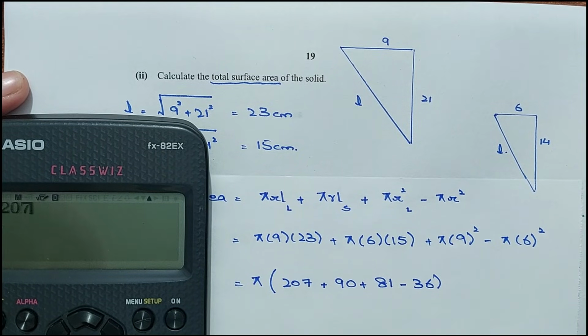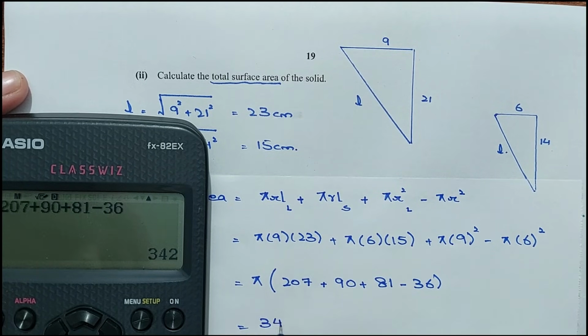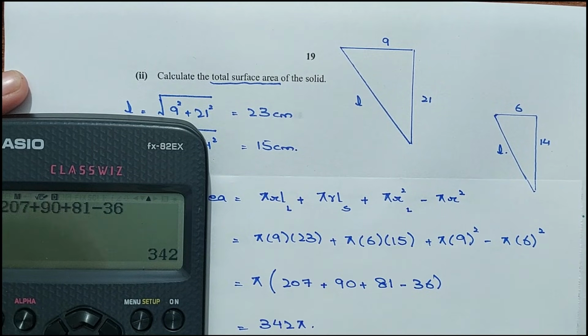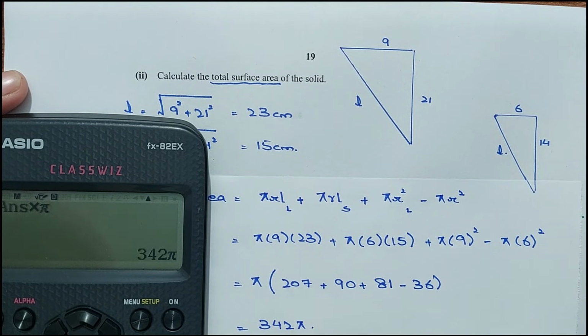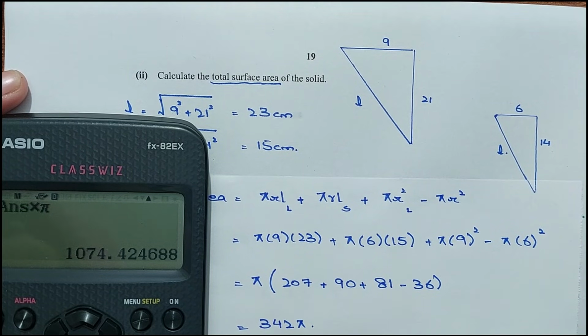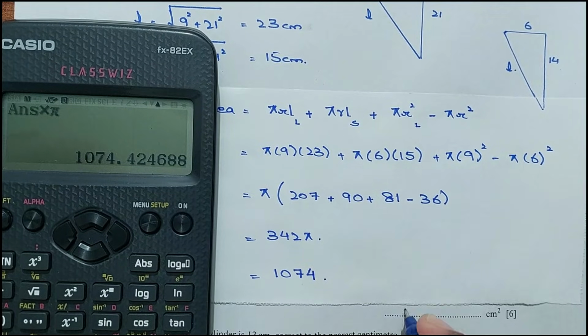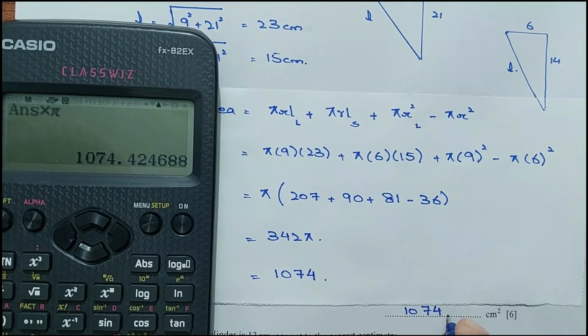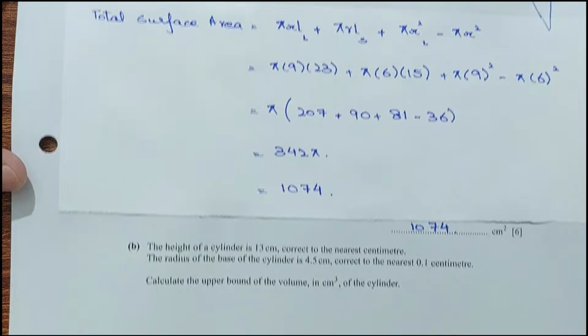So 207 plus 90 plus 81 minus 36. This is 342, times pi, and that would be 1074, right? So 1074 centimeters squared. This would be the total surface area of the solid.